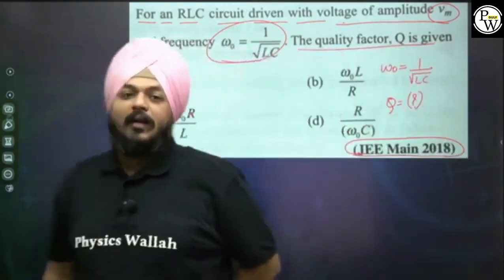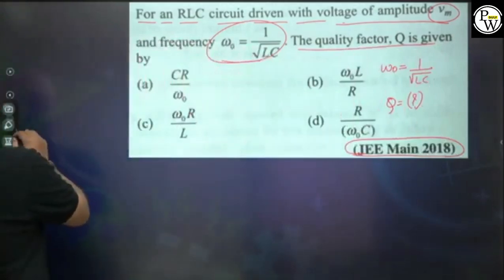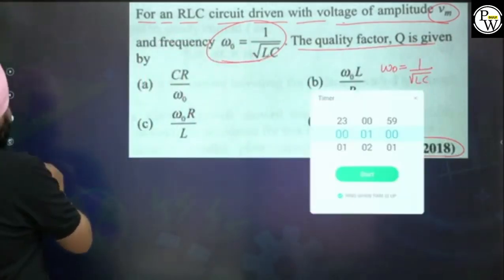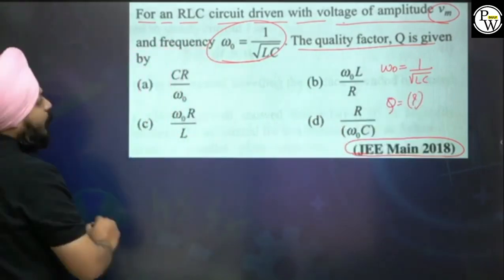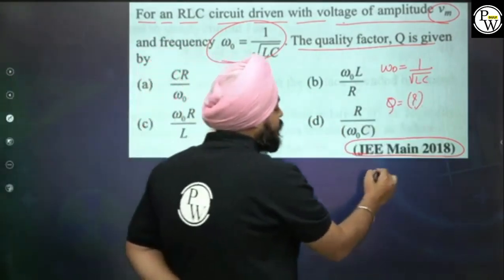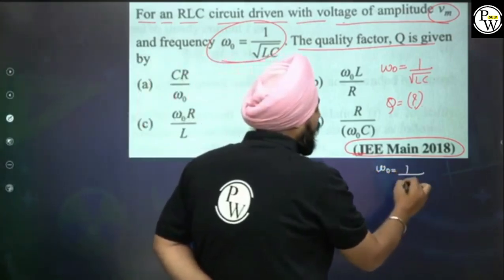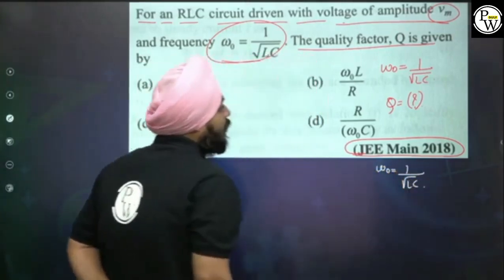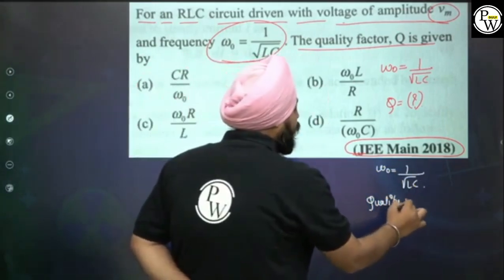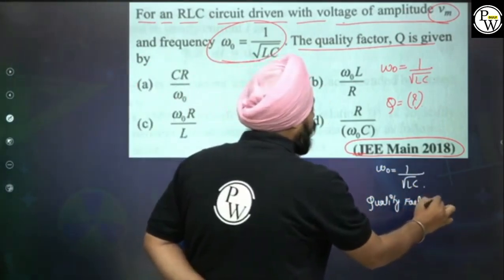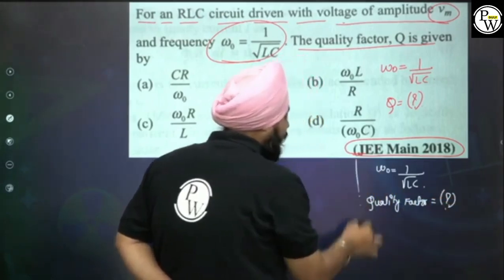Okay, simple. The data given in the question is all about the resonant frequency, omega naught, equal to 1 by under root of LC. The quality factor we need to calculate. In the previous lecture, I told you about the formula of the quality factor.